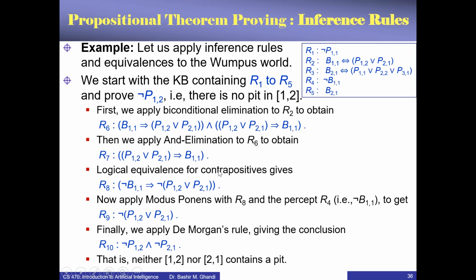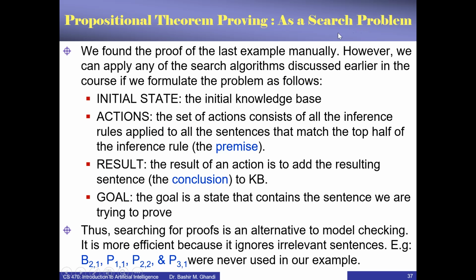It means we are not looking at all possible symbols, only symbols that relate to the problem we are trying to solve, applying the available rules. Therefore, the searching method is not going to be as expensive as model checking, because model checking has to check all possibilities. So this is basically what the searching approach involves.